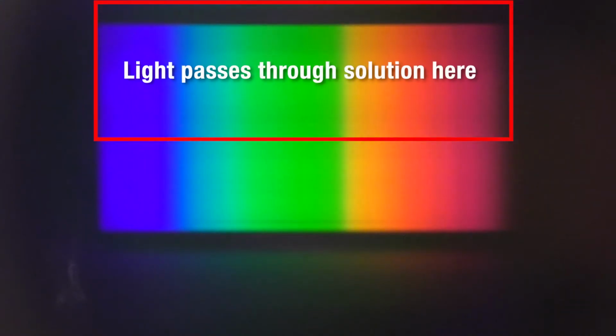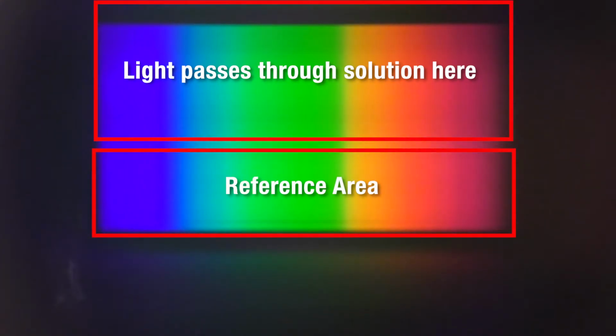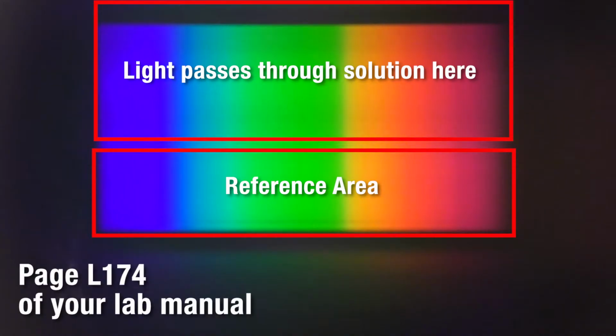As these are inserted into the beam, the top half is what you will see after light has passed through the solution, and the bottom half is just for reference. You are to record in table number 2 what parts of the spectrum are absorbed in different metal salt solutions.